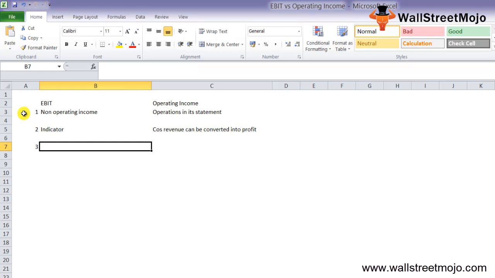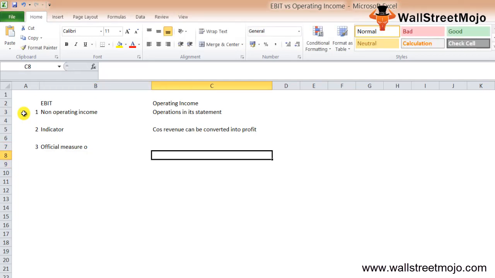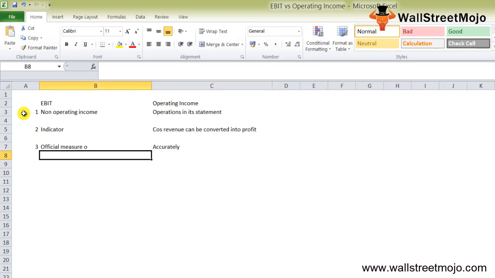Third, EBIT is not an official measure according to the GAAP, and hence companies make small changes to it, and they try to incorporate a few other things so that the statement can be used for their purposes. Whereas operating income is an official measure of GAAP, and hence it is accurately shown, and companies don't tinker with this.